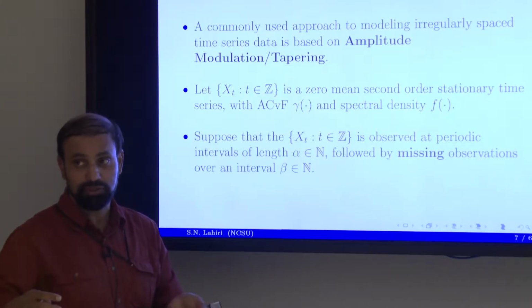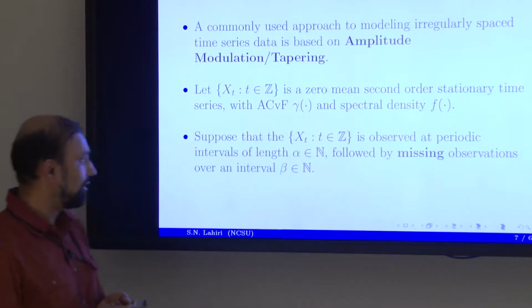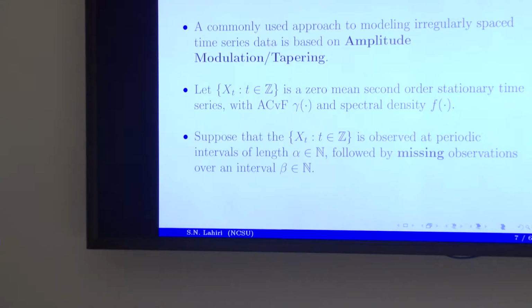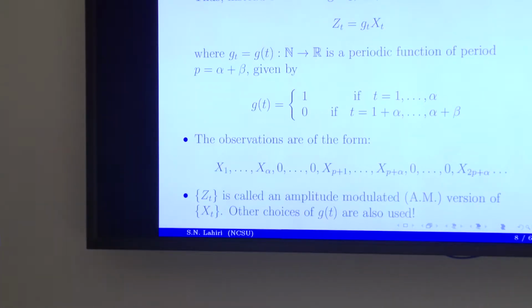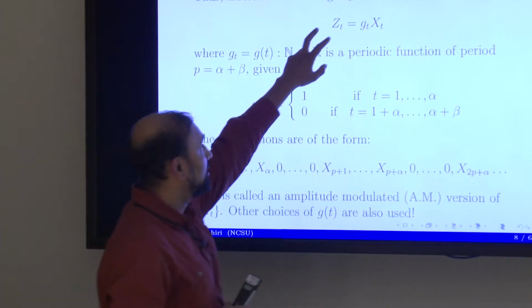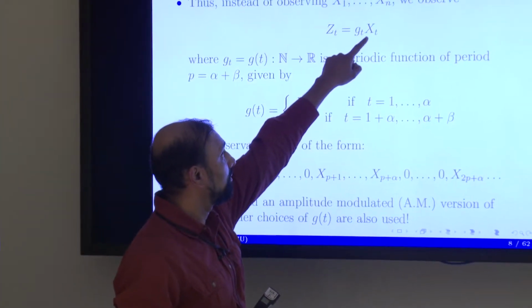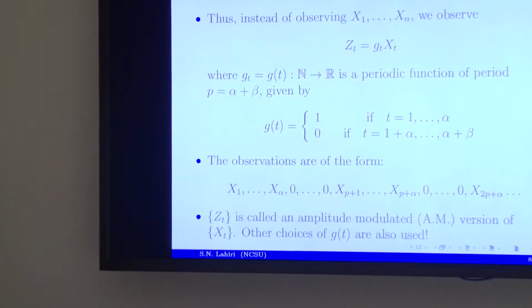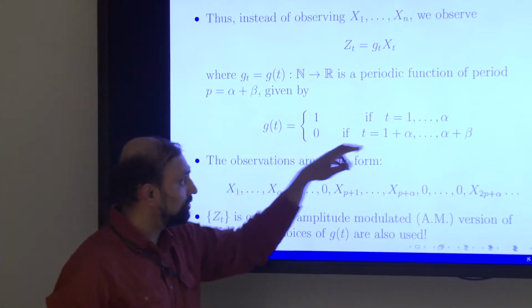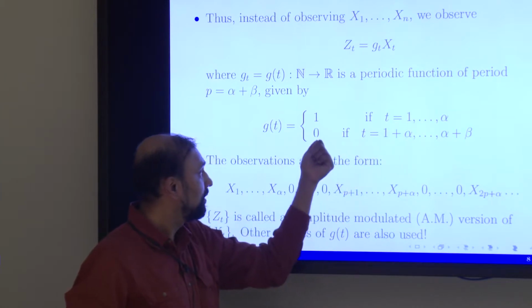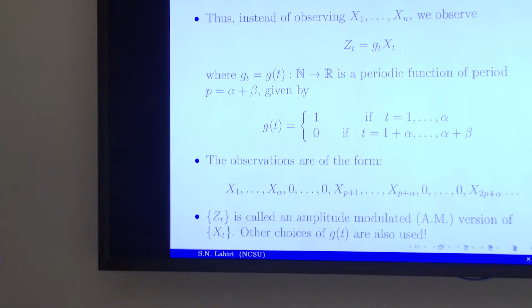Then again, we are going to observe xt for length alpha, and then we don't have values for the next beta t's. So what we have essentially is a process zt, which is obtained from xt by multiplying it with a function gt. This gt function is periodic, it is constant equal to 1 from 1 to alpha, and it is 0 between alpha plus 1 to alpha plus beta, and then you extend it periodically.